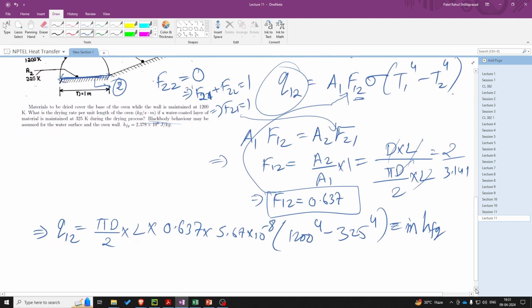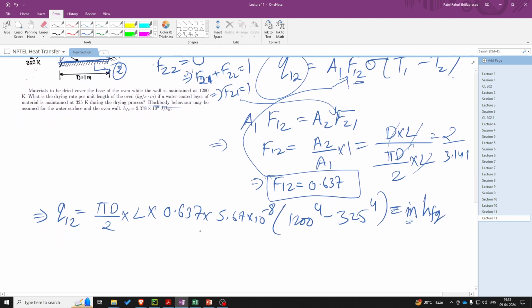Now in the question, we have to find the drying rate, that is basically m dot upon L. So we can write m dot by L is equal to this entire calculation upon HFG. Let's just calculate this term first.